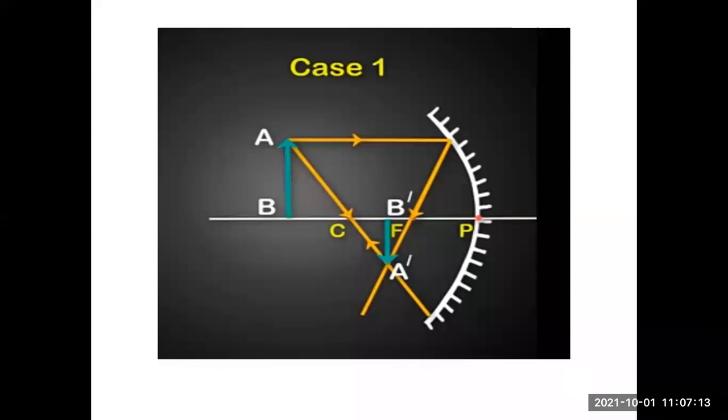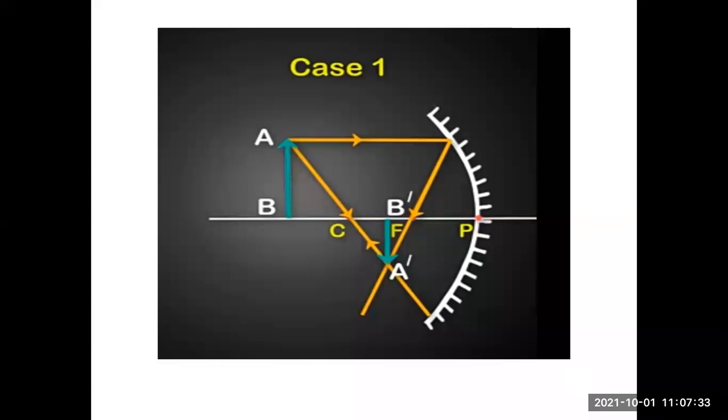Try to find the capital letter C written in the diagram and the AB. You can see that the object is placed beyond the center of curvature, and you can see the incident rays. Now 2 incident rays are passing. One incident ray is parallel to the principal axis.